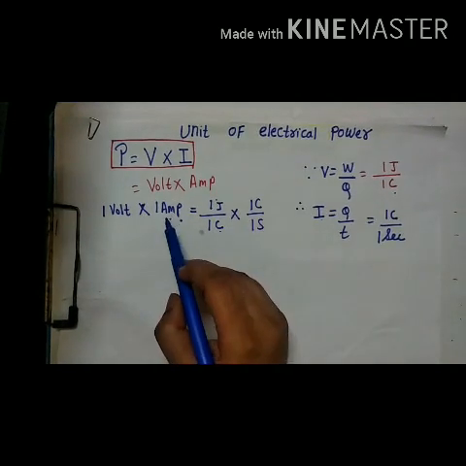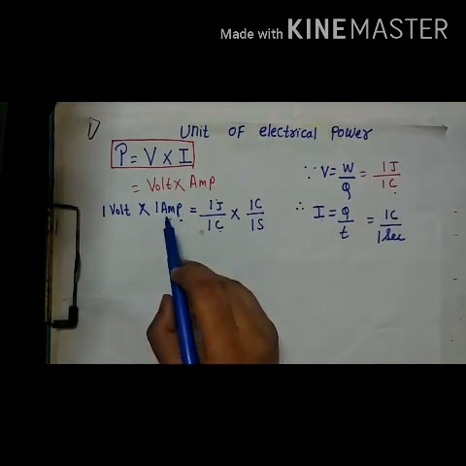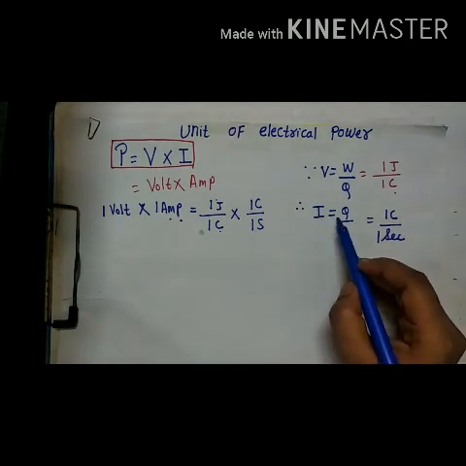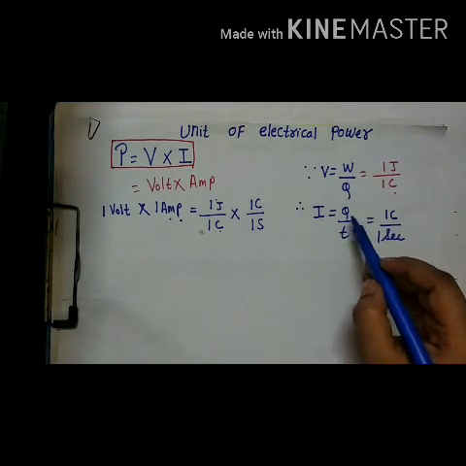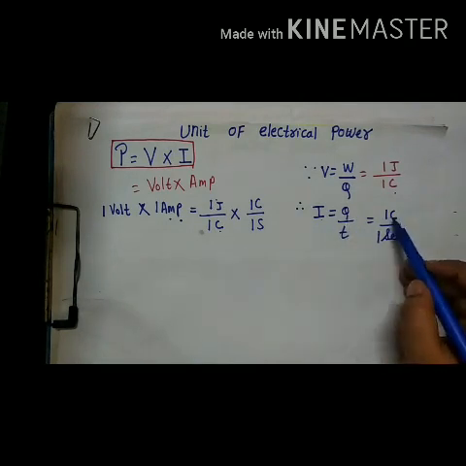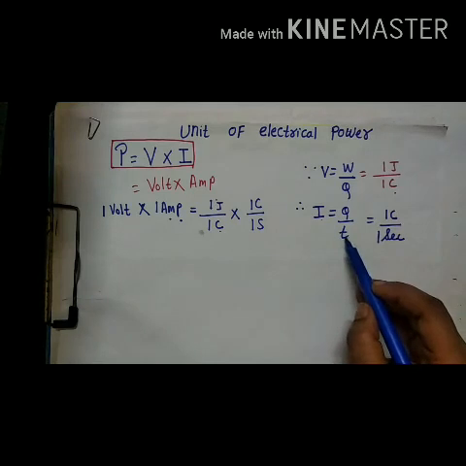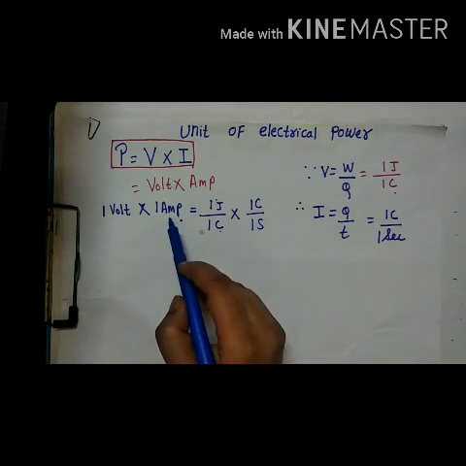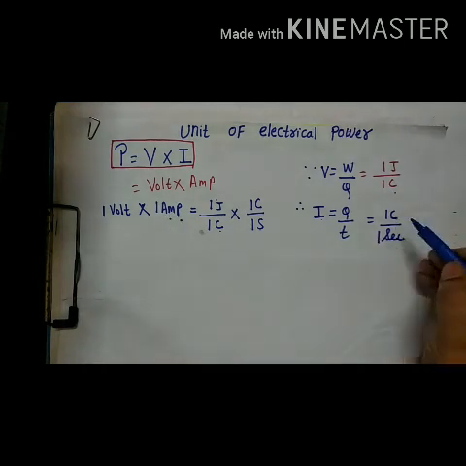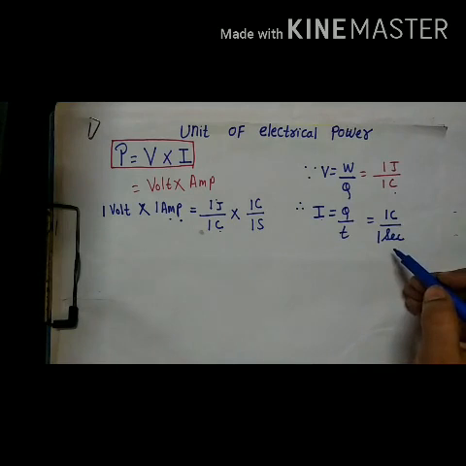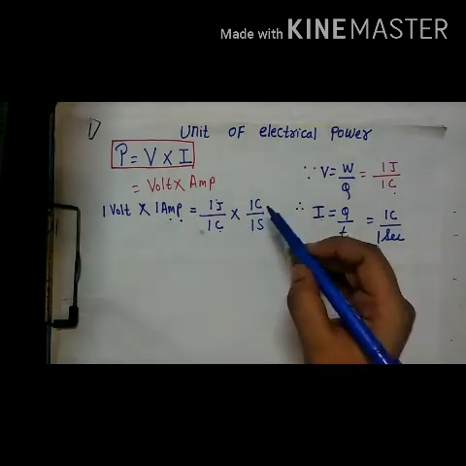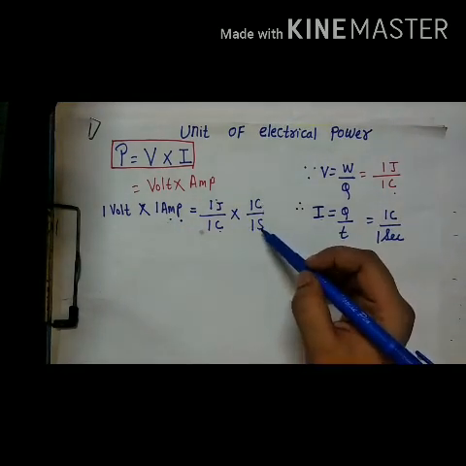Similarly, we can write for 1 ampere. Ampere is used to measure the current. Current I is given as Q upon T. The unit for charge Q is coulomb and the unit for time T is second. 1 ampere current is passed when 1 coulomb charge is supplied in 1 second. Substituting the value of I in ampere, we get 1 coulomb upon 1 second.